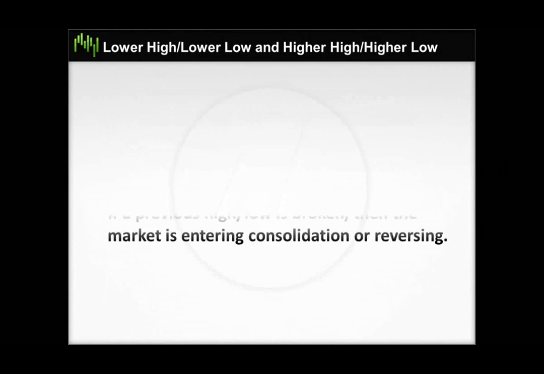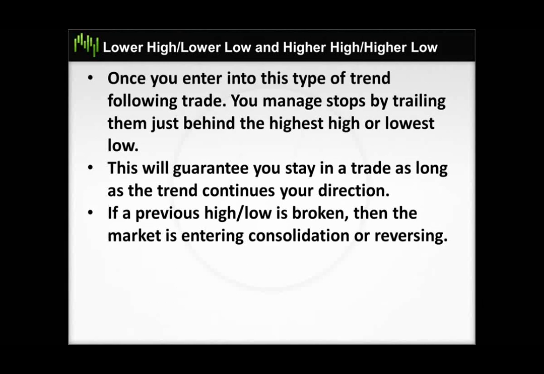Once you enter into this type of trending trade, you can manage your stop by trailing it just behind the highest high or the lowest low. For example, if we're looking at an uptrend here and the market is trending higher like this, let's say we entered right over here. Then our stop would be down here, and we'd wait.